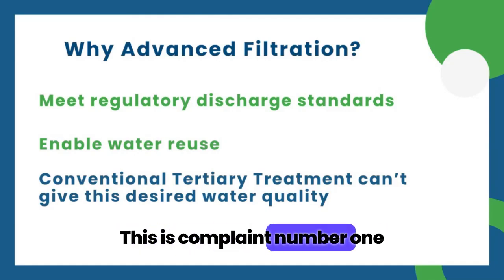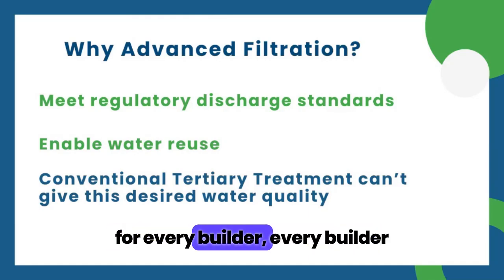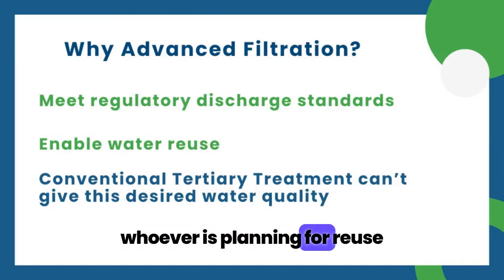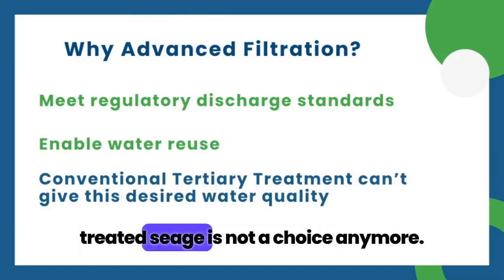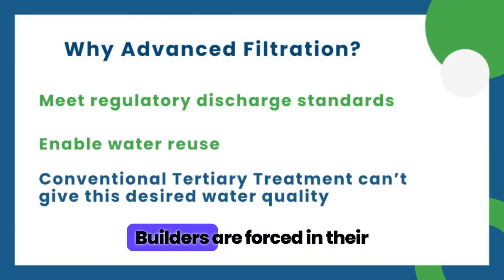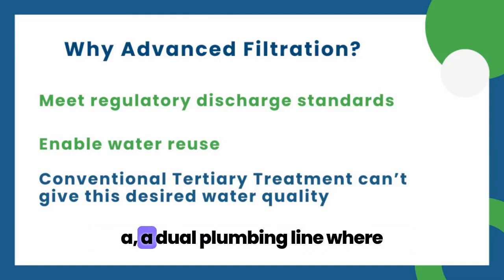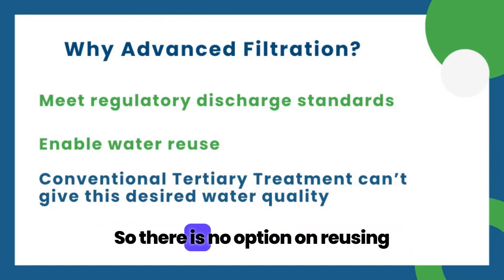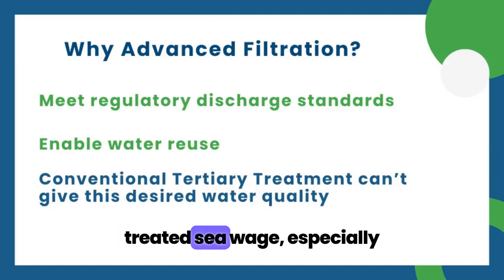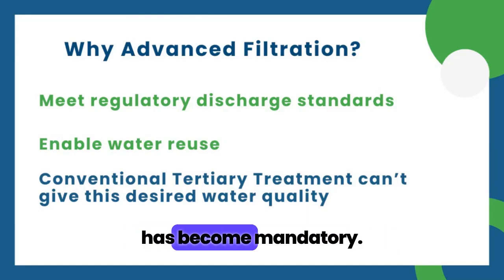This is complaint number 1 and headache number 1 for every builder who is planning for reuse of treated sewage. And please understand, reuse of treated sewage is not a choice anymore. Builders are forced in their consent letter to put in a dual plumbing line where treated sewage has to be used. So there is no option on reusing treated sewage, especially in places like Karnataka. Even in Hyderabad now it has become mandatory.